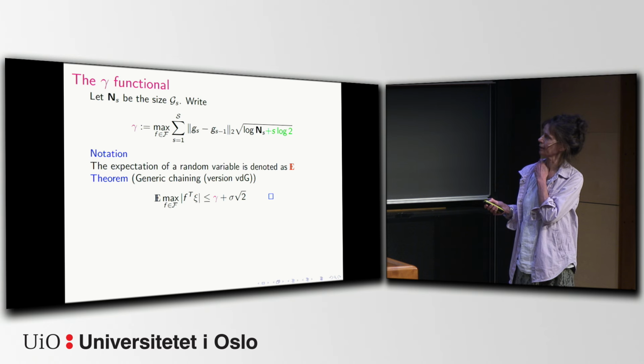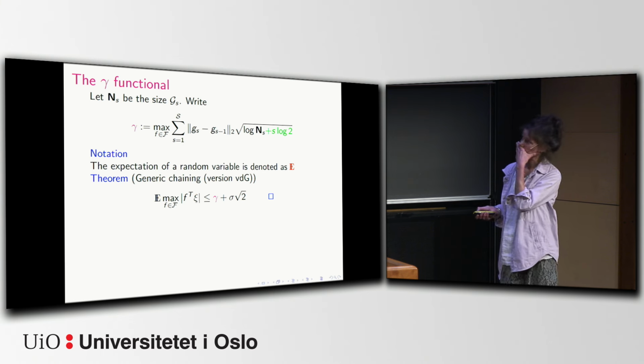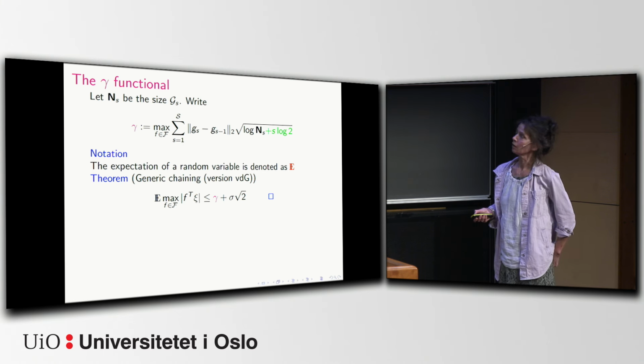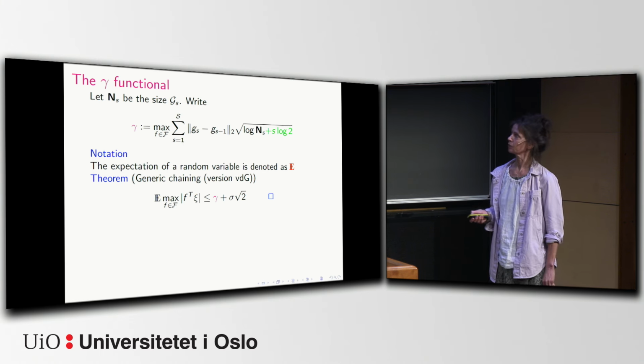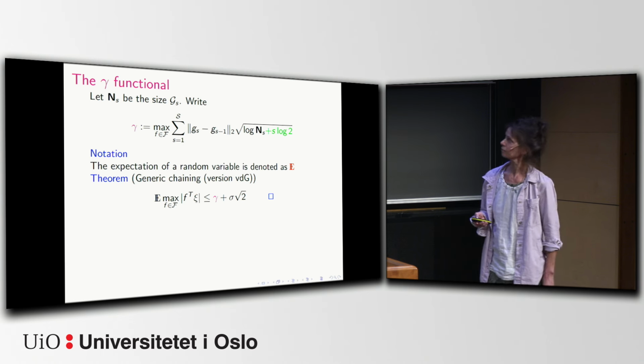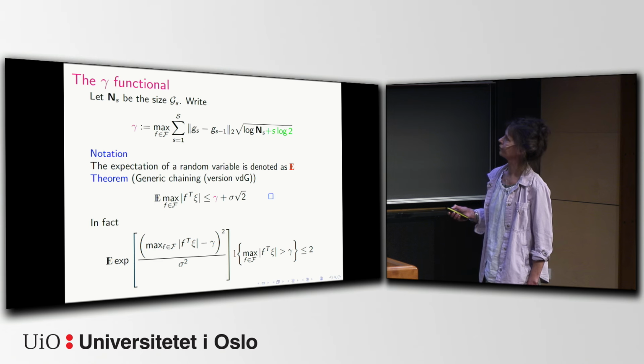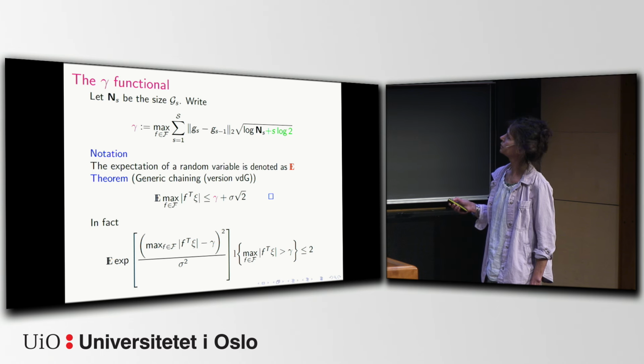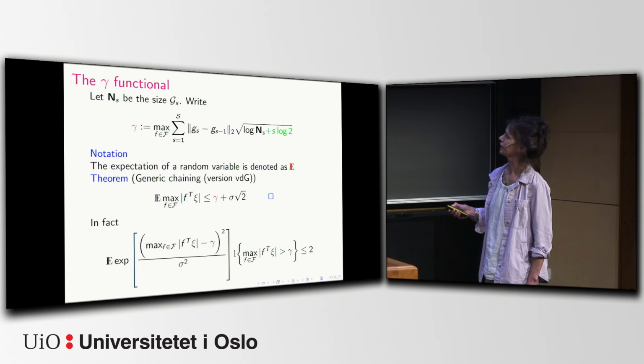And then the expected value of this maximal, so this empirical process, the maximum of this inner product, is bounded by gamma plus sigma square root of 2. Okay, so that sort of solves the regression problem. Oh yeah, I have this one, if people worry. This is just a bound for the expectation.